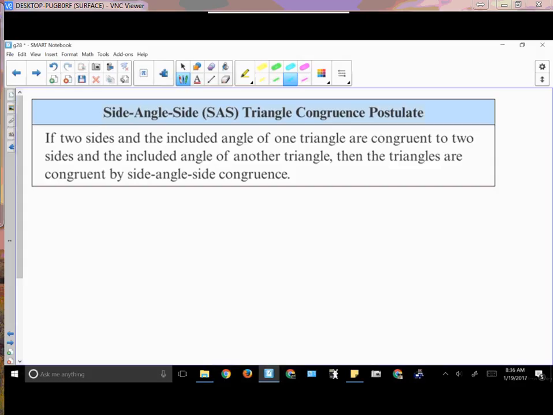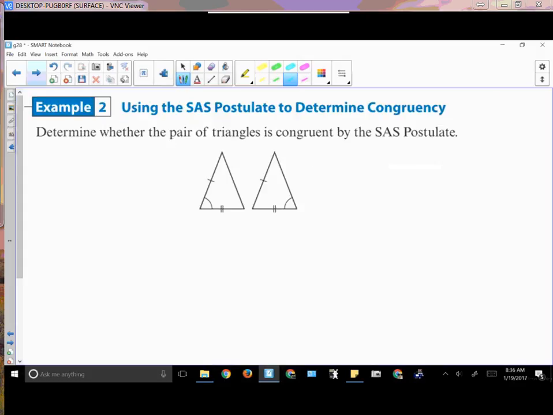So, let's take a look at this. Are these congruent by side, angle, side? And the answer is no. When I take a look at this, the angle that is identified here should be over here, correct? But since we're not given that information, I cannot go and say that these two triangles are congruent.